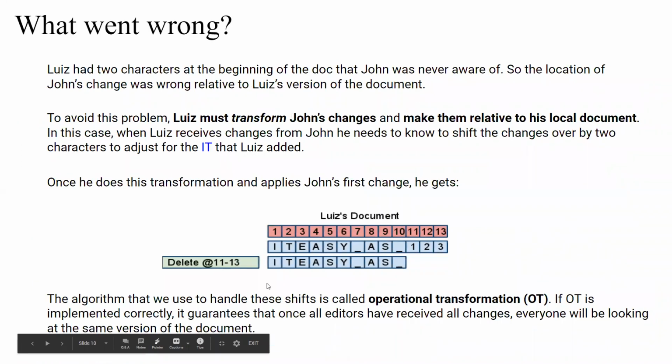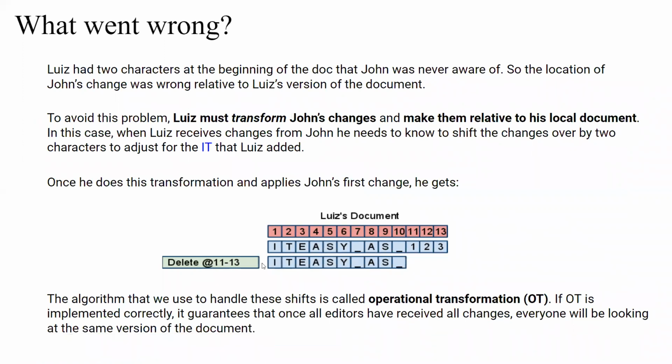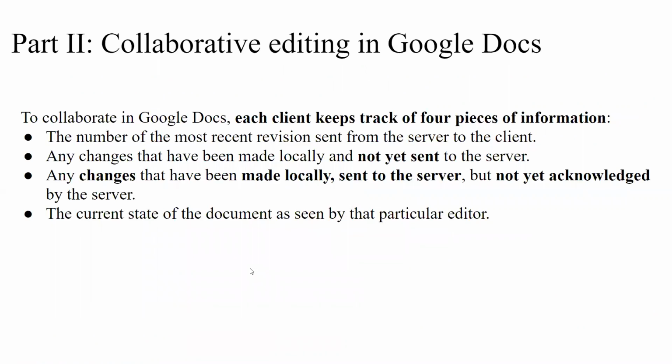So this is another example of operational transformation. Because we inserted 2 characters in the front, we shifted our deletion index. And so this was an example of operational transformation, which helps you preserve the changes from multiple clients.